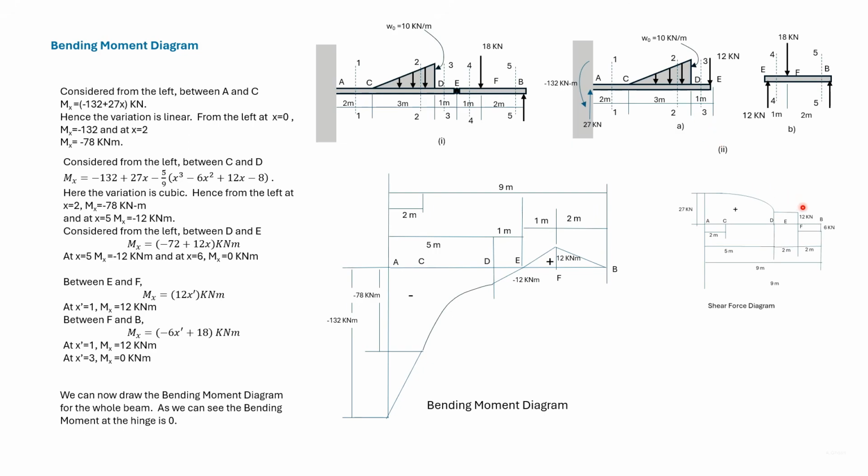The shear force passes through 0 at F, and looking at the bending moment diagram, we see that the maximum positive bending moment is also at F. We had discussed this issue earlier.